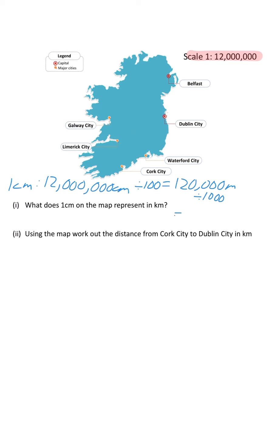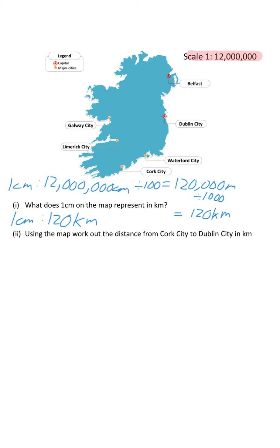And then this will be equal to 120. So that means 1 centimeter represents 120 kilometers in real life. So again with that, I divided by 100 to change my centimeters to meters. Then I divided by 1,000 to go from meters to kilometers. Let me just write in km there as well.